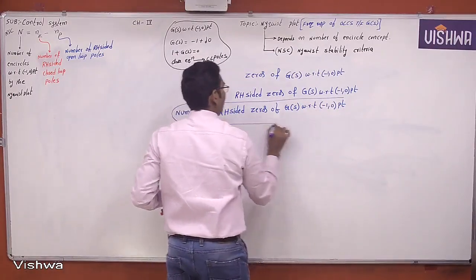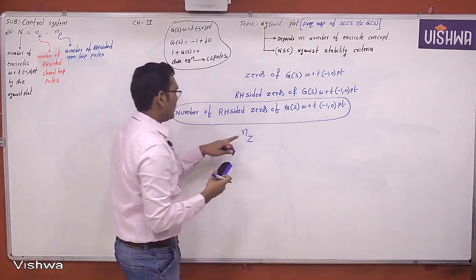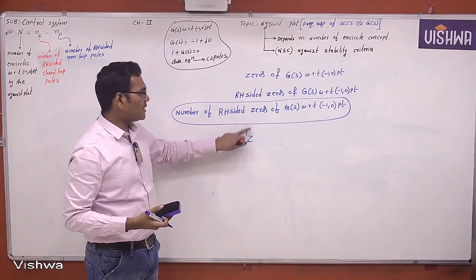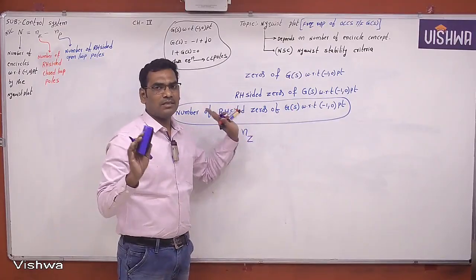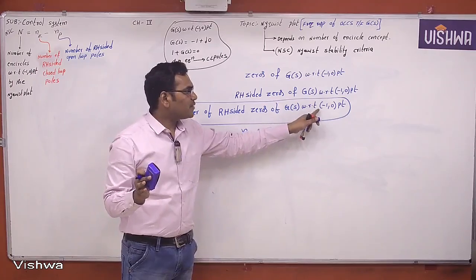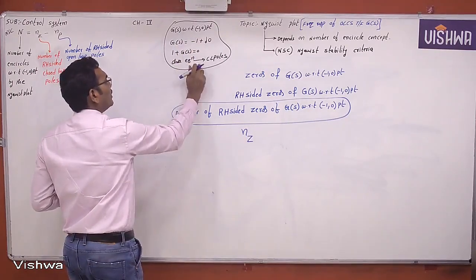Now read NZ. What is NZ? NZ is nothing but the number of right-hand sided zeros, Z stands for zeros, of the open loop control system. Up to this, the statement is clear. But when this open loop control system is with respect to the -1, 0 point, no open loop, nothing, only closed loop.